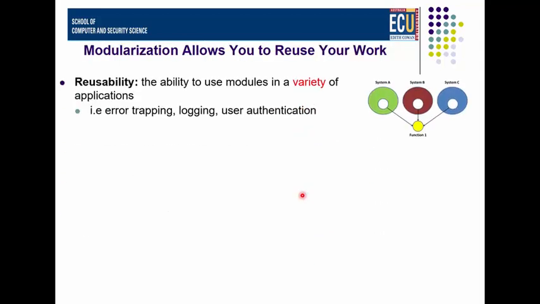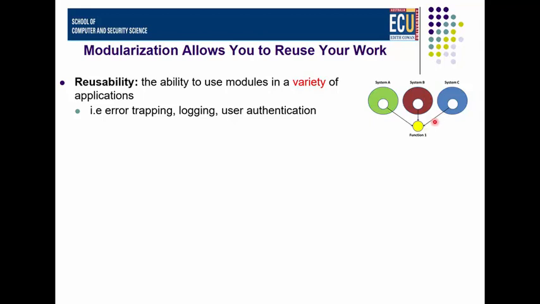So we saw that functions and modules help us to achieve reusability of code. And mostly we need reusability when we have functionalities like error trapping, user login or authentication. These are very common functionalities which we may need across different projects, or different systems.